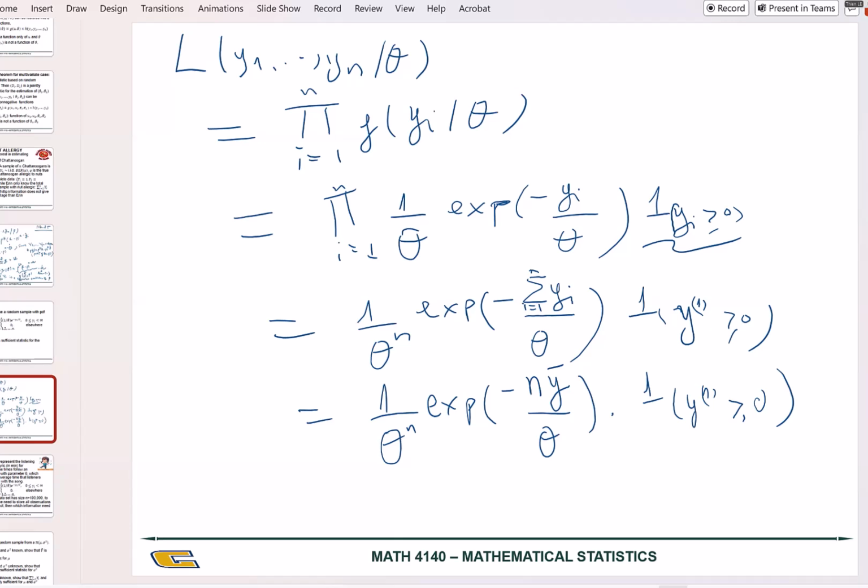So you can see that this is your h function of y1 to yn, and this is your g of u and theta. Here u is equal to y bar.